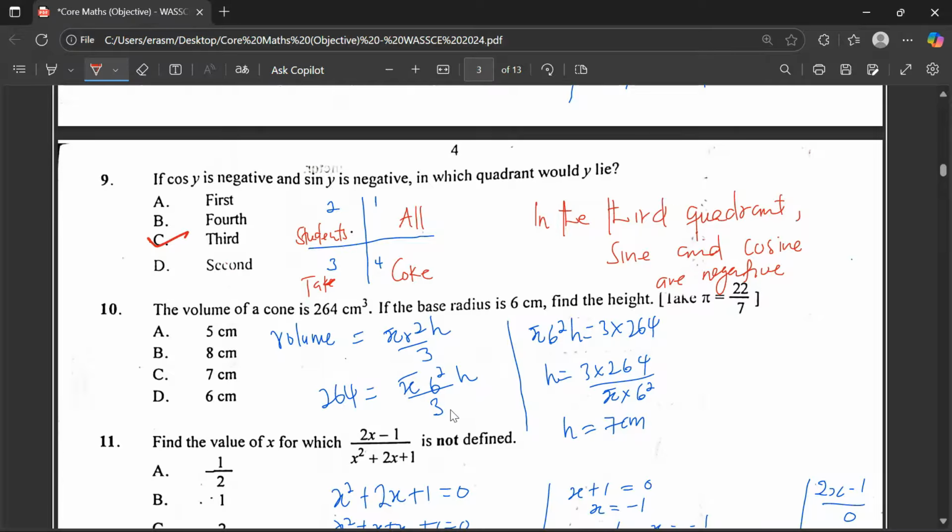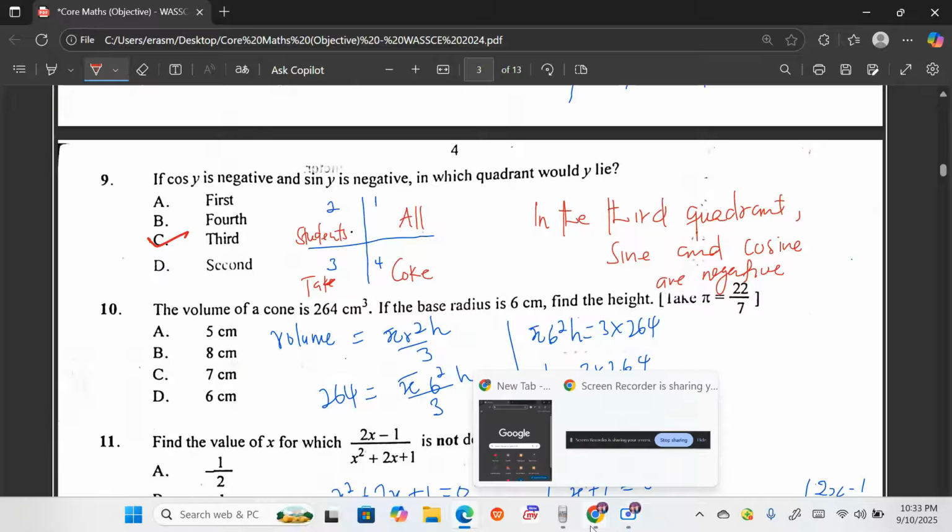So we are going to make h the subject. So we have pi times 6 squared times h, which is equal to 3 times 264. Then making h the subject, that is going to be h equals 3 times 264, all over pi times 6 squared. So we are going to pick our calculator.